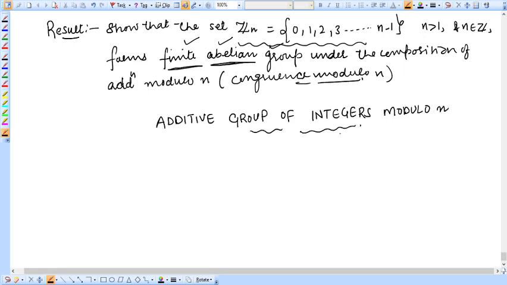Additive group of integers under addition modulo n. So see, let us prove this. Given set is Zn, it contains all those integers from 0 to n minus 1. Okay, simultaneously I'll be drawing a table for you.